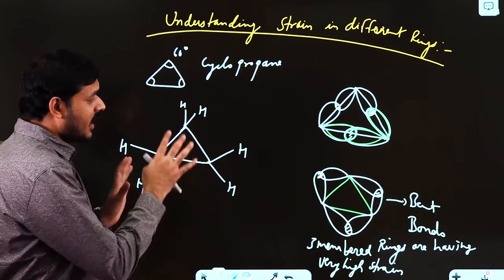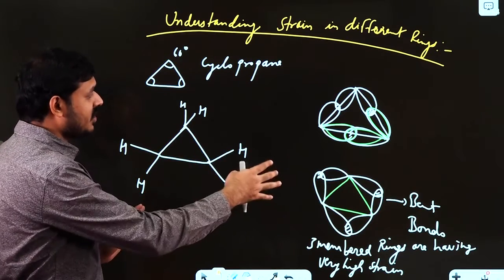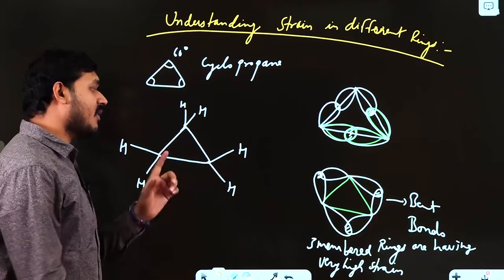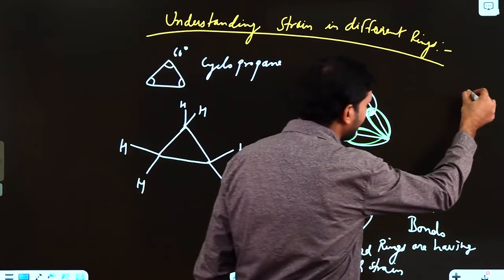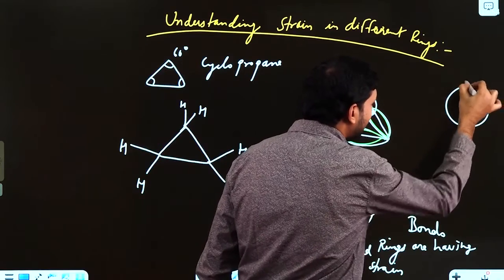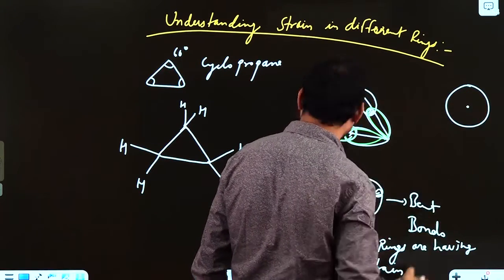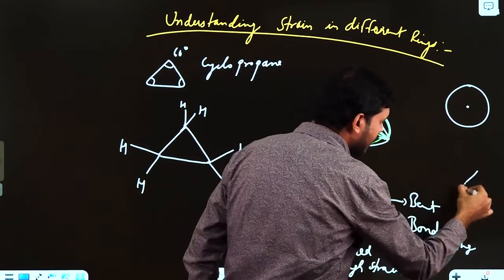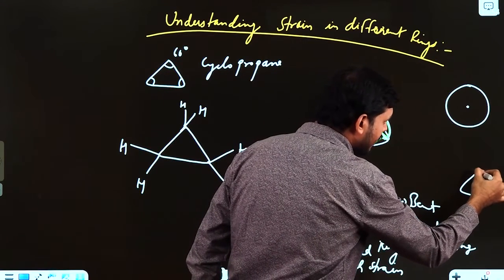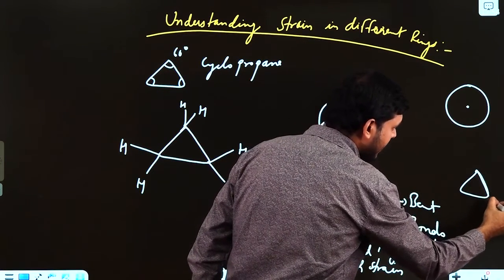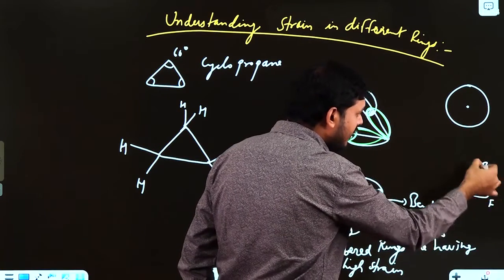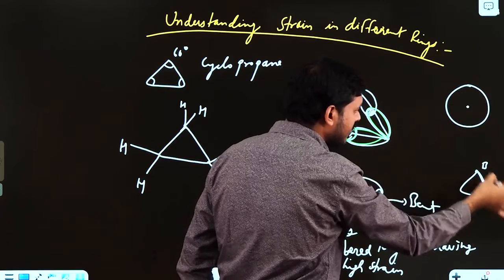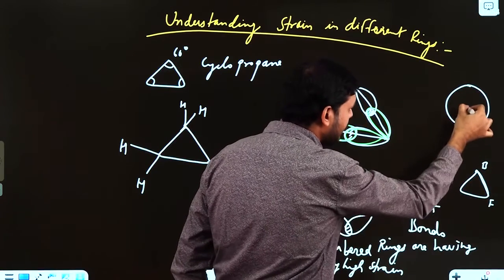Now if I need to draw the Newman projection of this 3-membered ring, how will I draw it? So let's see. Suppose this is the back carbon and this is the front carbon, okay? As per the 3-member ring, suppose this is your front and this is your back. With this front and back in front of each other, the third one is on this side.